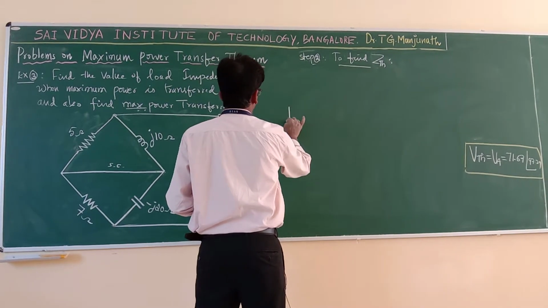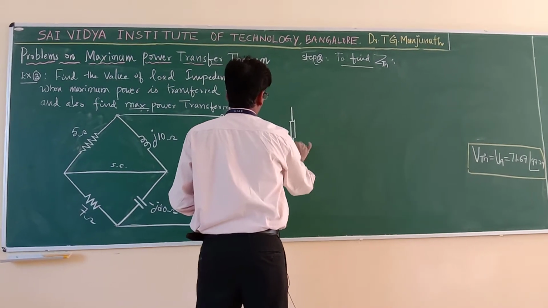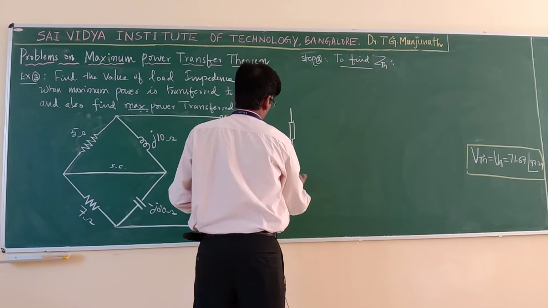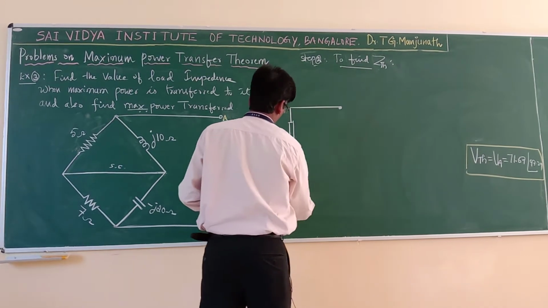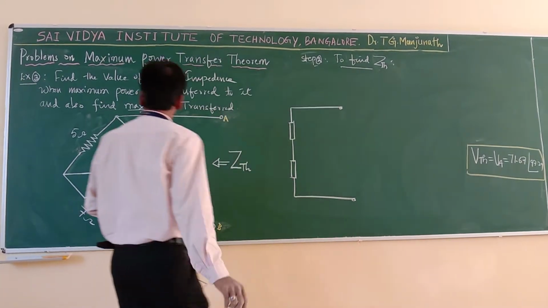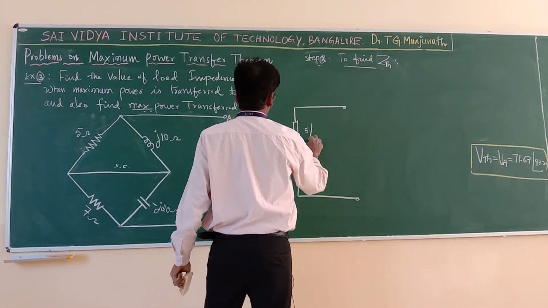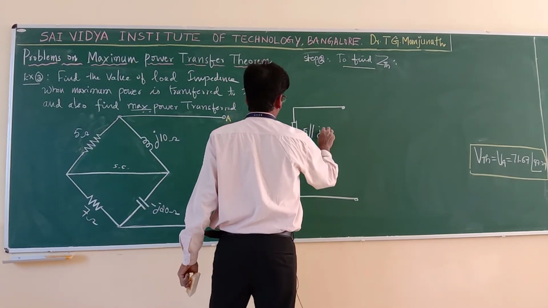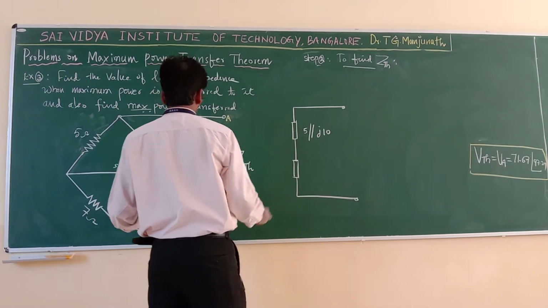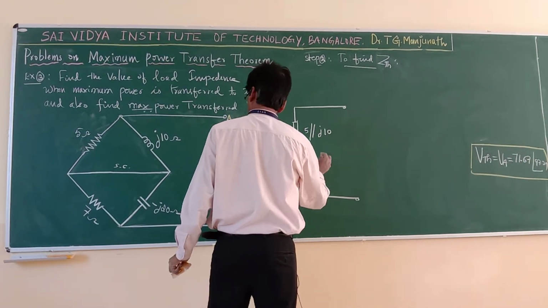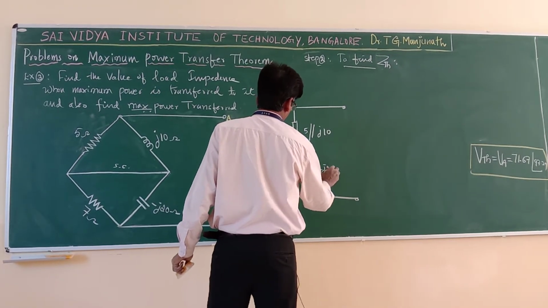Now let us find the impedance. So these two are in parallel, 5 parallel with j10, then 7 parallel with minus j20.